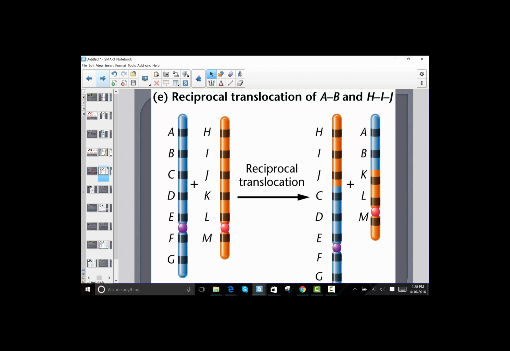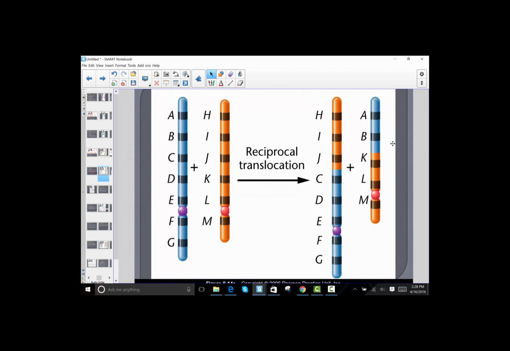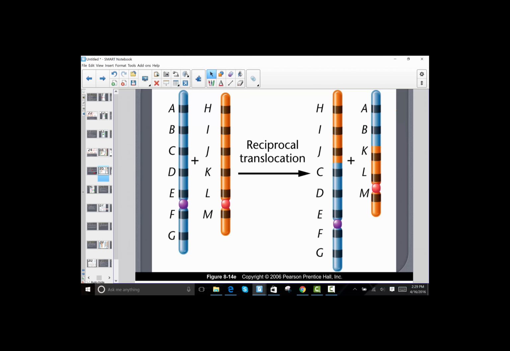This is reciprocal translocation, which means by definition, because we said a non-reciprocal translocation means that we don't have the same amount of DNA that's actually being exchanged, that a reciprocal translocation does have the same amount. Okay? So we're starting with the exact same complement that we had before. So this is chromosome 1, and this is chromosome 2.